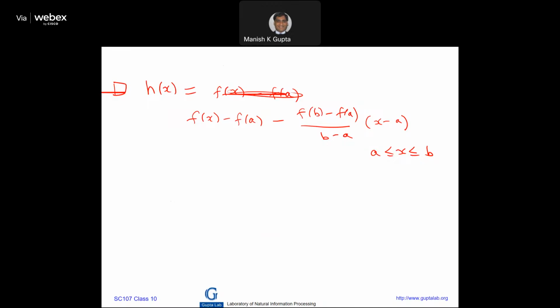That means there exists a point c at which h dash of c is equal to 0. Now clearly h of a is equal to 0 is equal to h of b, and all properties of Rolle's theorem are satisfied.